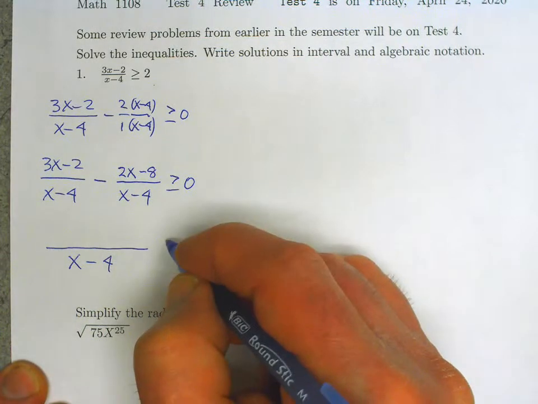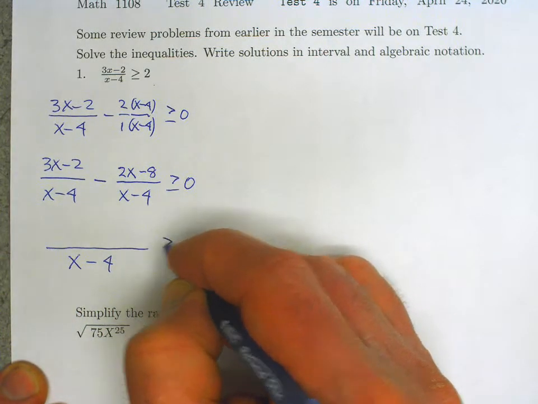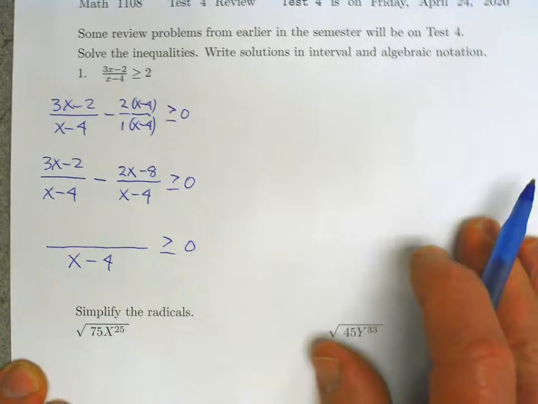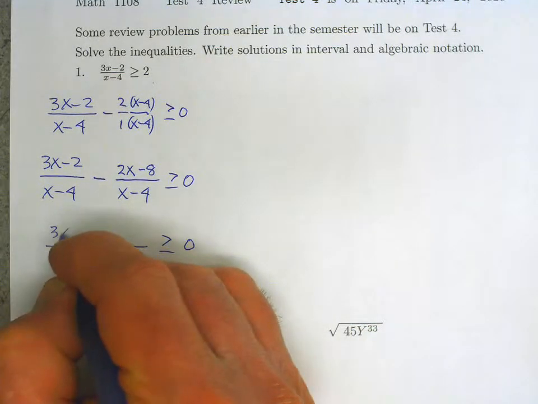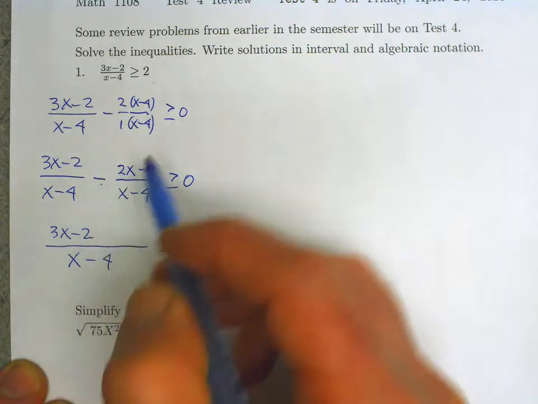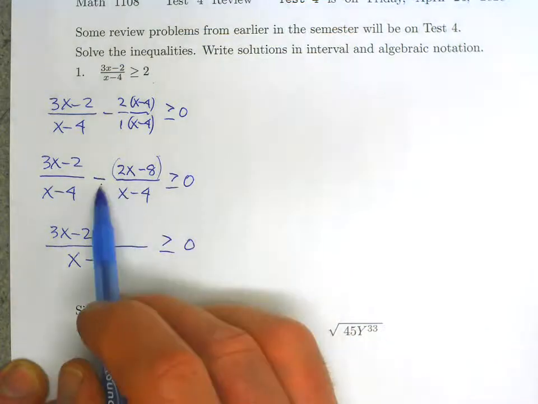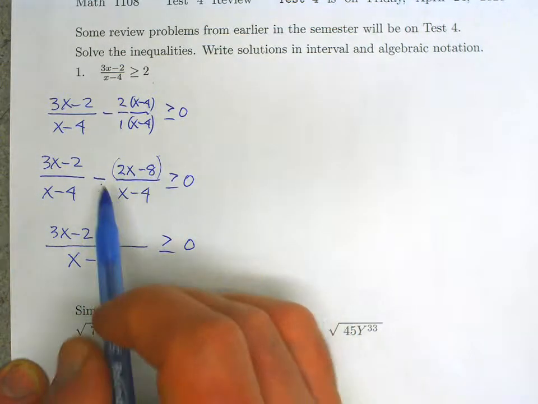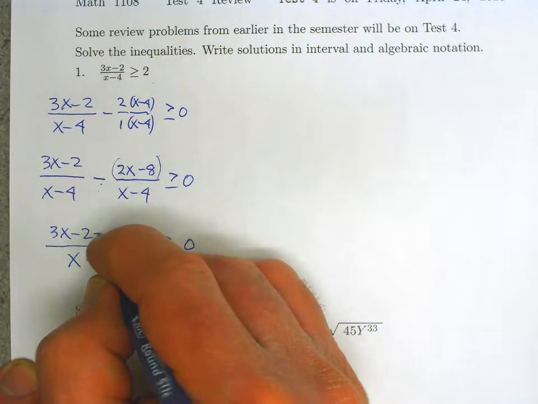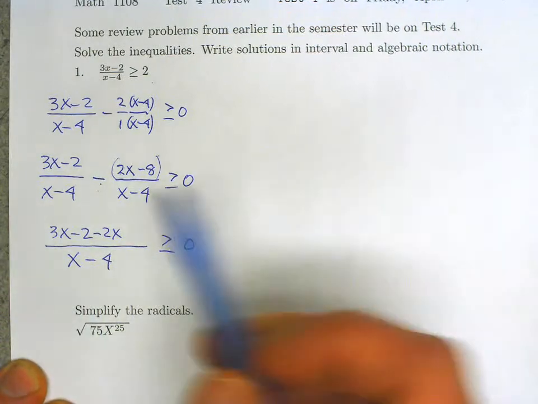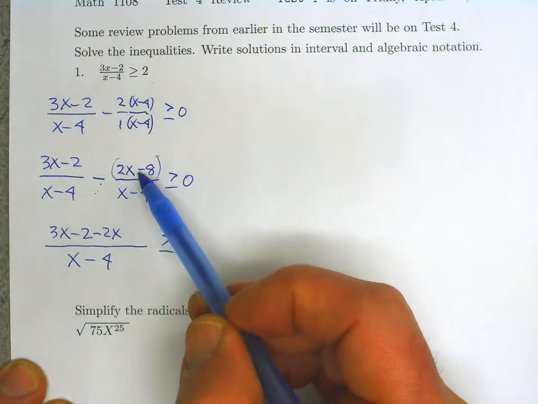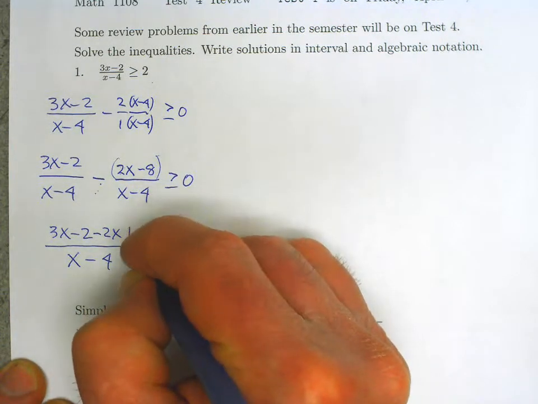Make sure you're careful with the arithmetic when we write it as a single rational expression with a common denominator x minus 4. We have to subtract every term in that numerator. So we have to subtract 2x, but we also have to subtract negative 8, which is equivalent to adding 8.